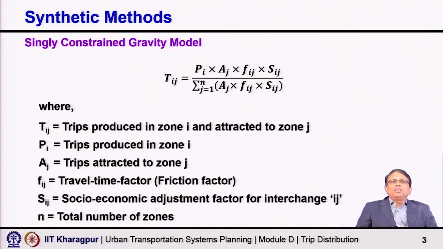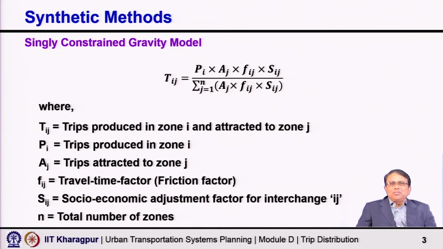In that case, I will say Tij equals Aj, the total attraction coming to zone j, multiplied by Pi Fij, divided by the sum over all i of Pi Fij, i equal to 1 to n.